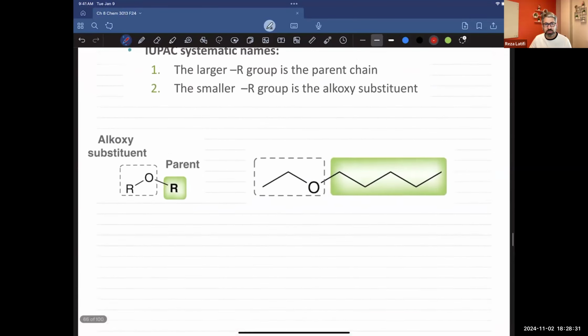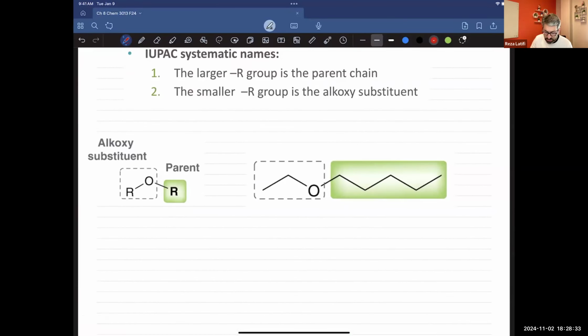Another method is to treat the one substituent that's attached to oxygen as just one substituent, and we're going to call it alkoxy. The one with more carbons will be the main parent chain. So I go 1, 2, 3, 4, 5.